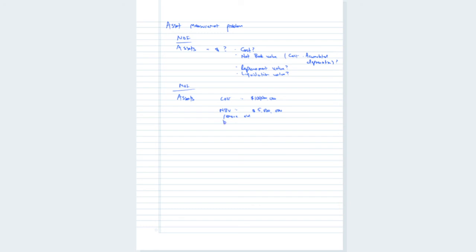What's going to happen to my ROI? Well, my net income will probably go up a little bit with new assets. New assets are probably more productive than the old ones, but my assets are going to go up a ton. And so my ROI is going to decline. Am I going to be interested in doing this? Probably not.